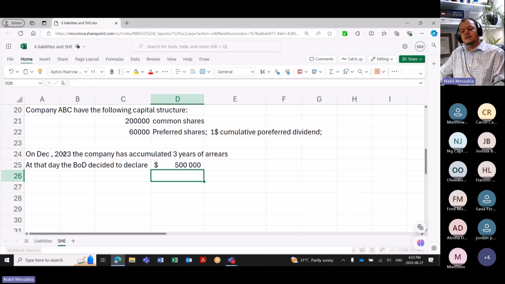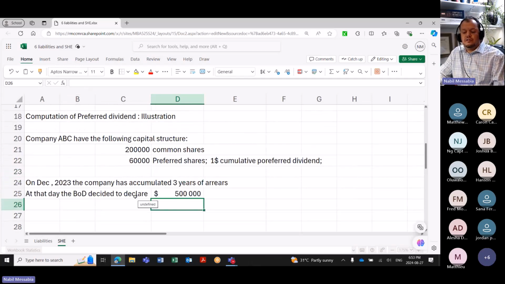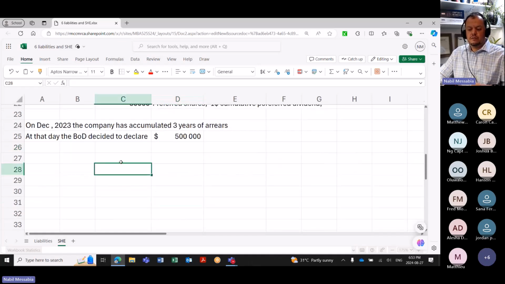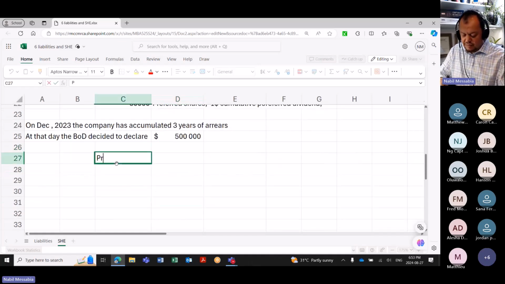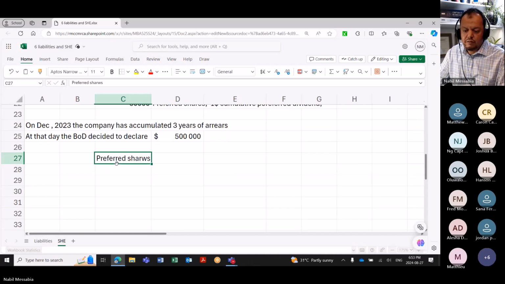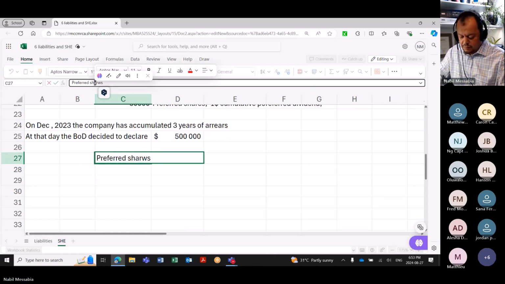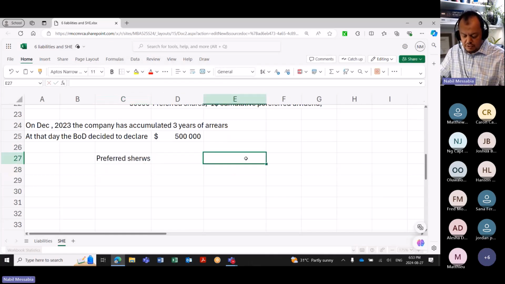Okay. So the question now: how to distribute, how to split that $500,000 between preferred shareholders and common shareholders. So we start with preferred shares versus common shares.